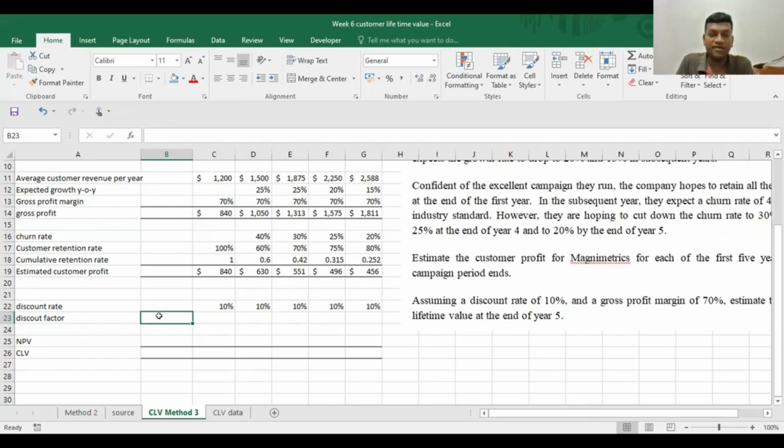You discount it by, let's say, 10%. Okay. So another way of doing it is, okay, let's say you increase it by, you divide it by what is called a discount factor, which is this number. Okay, I think it will become clear when I finish it.